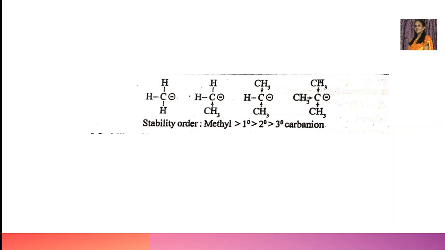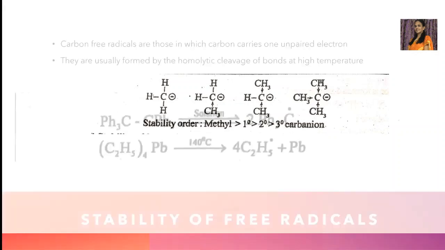These methyl groups are electron releasing groups. Because of that, the negative charge on this carbon is intensified, increased. Thus the order of stability of carbanions is methyl is greater than primary, which is greater than secondary, which is greater than tertiary carbanion.